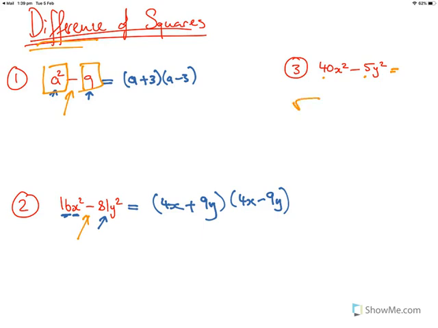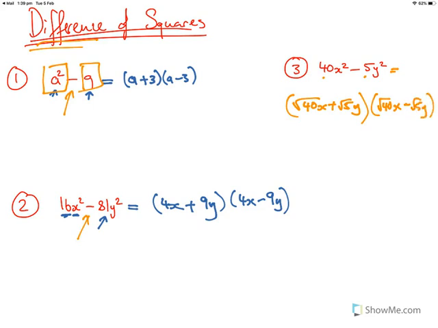So I'm going to go square root of 40x, open the bracket, plus square root of 5y. Now make sure that that square root doesn't keep going, because otherwise it's wrong. And then we're going to go square root of 40x minus square root of 5y.